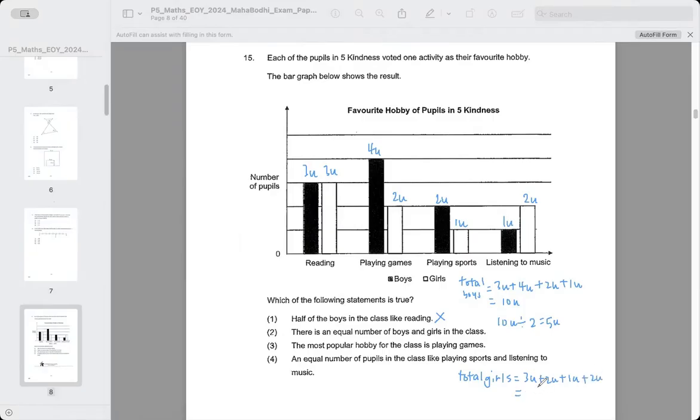Okay, that will give me a total: 3 plus 2 is 5, 5 plus 1 is 6, then 8 units, okay? So my boys is 10 units, and then my girls is 8 units, so they are not equal. So option 2 is also incorrect.